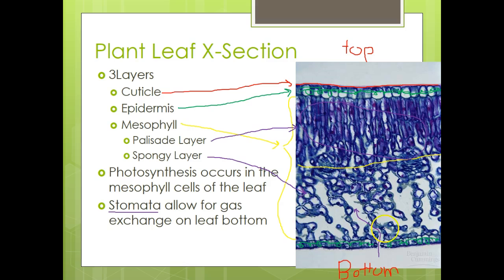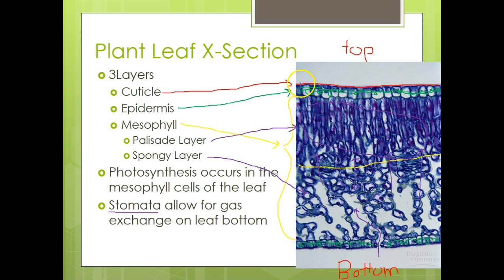CO2 and O2 will be diffusing into these open spots and then eventually diffusing into the palisade layer where all of the photosynthesis takes place. CO2 is going to diffuse in and be used in photosynthesis. O2 will be produced as a byproduct, and O2 will diffuse back out. So there's a two-way flow of gas coming in and out of this plant through this hole.